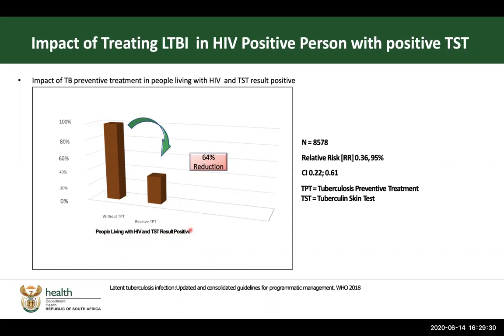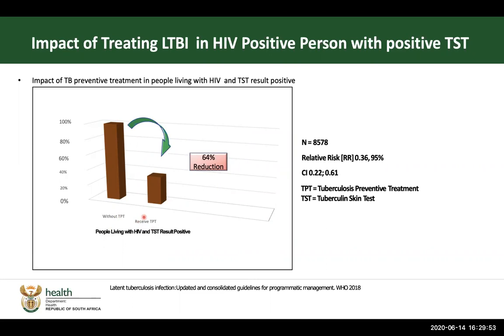We then went on to test to specifically identify those who have a TB infection, latent TB infection. And then we said we won't give some TPT and we would give a certain group TPT, right?